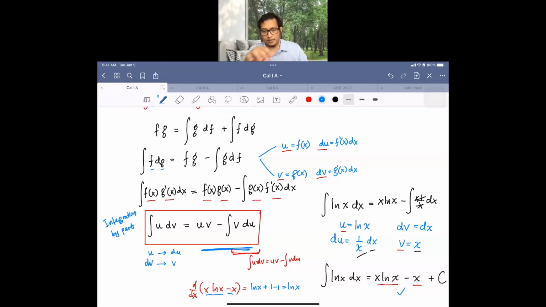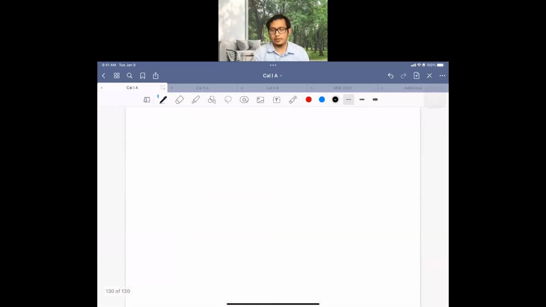Okay. I think I will just give you more examples to see how we can apply these techniques of integration in some questions. Maybe we could write another one.